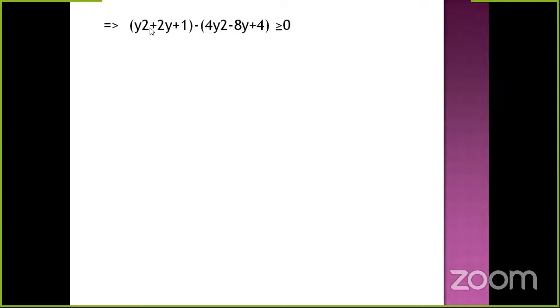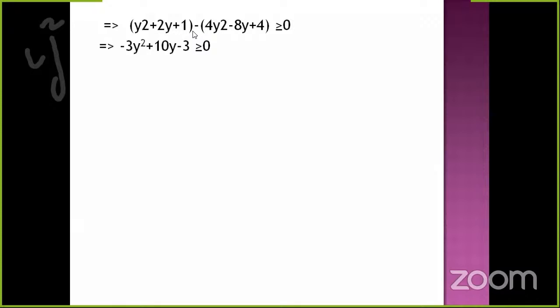By solving, I will get y square plus 2y plus 1 minus 4y square plus 8y minus 4 greater than or equal to 0. So here minus 4y square plus y square gives me minus 3y square, and then plus 8y plus 2y, that is 10y, and 1 minus 4 is equal to minus 3.